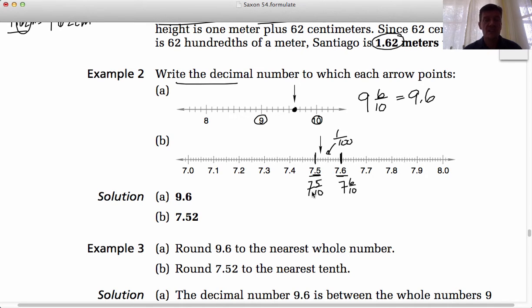So, as a decimal, it's easy because you just go to the next decimal place. So 7.5, and then if you go 2 more marks, it's not 7.7, that's up here. You don't add 2 onto the 5. It's 7.5, and those 2 marks there are hundredths. So it's 7.52. The 2 has to go in the hundredths place.